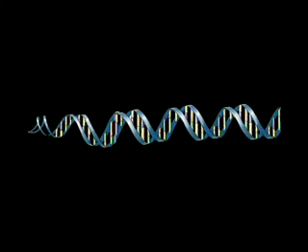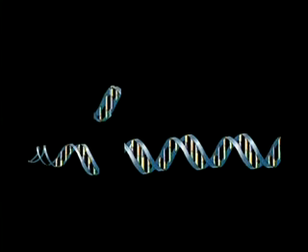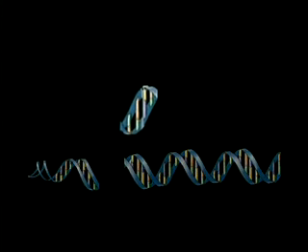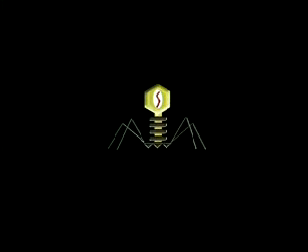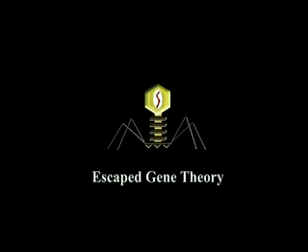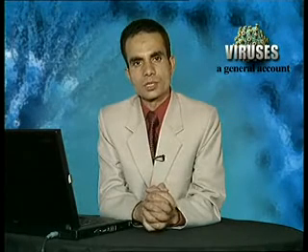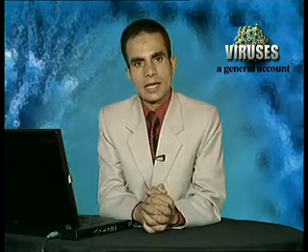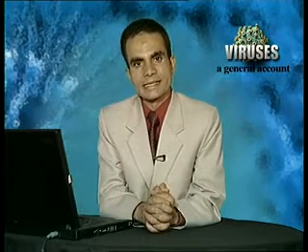Third, viruses are escaped nucleic acids no longer under the control of their host cells. This is also called the escape gene theory of viral evolution. While all these theories or hypotheses partly contribute to the understanding of viral evolution, a unifying concept to explain the same is yet to emerge.